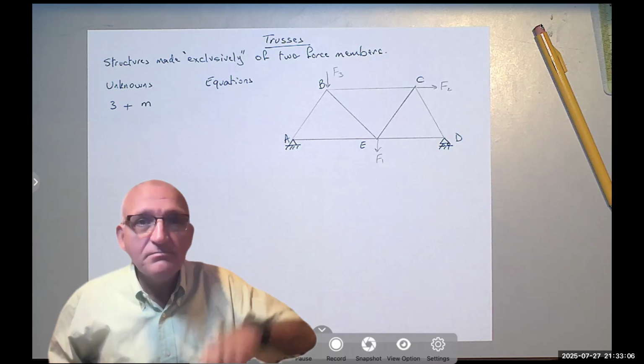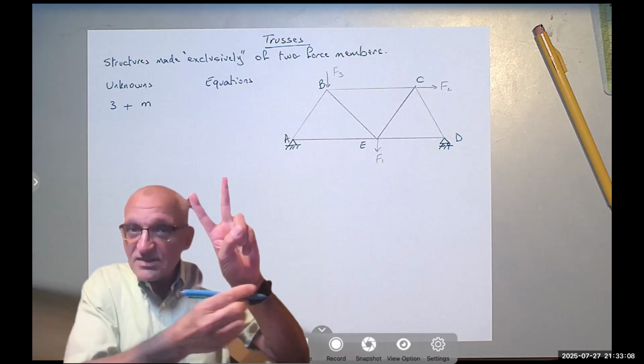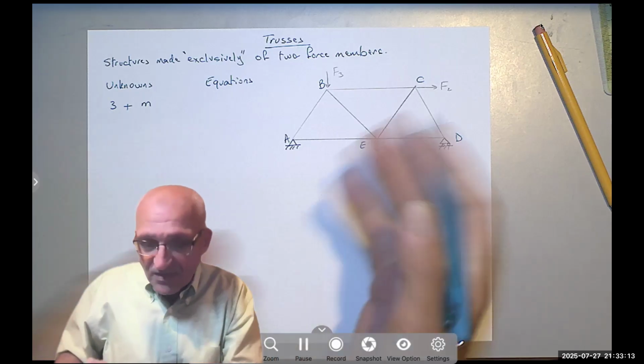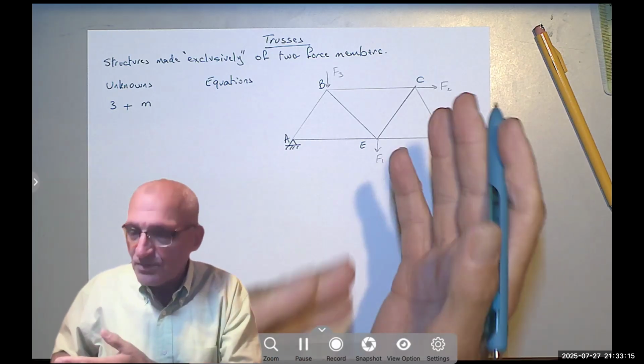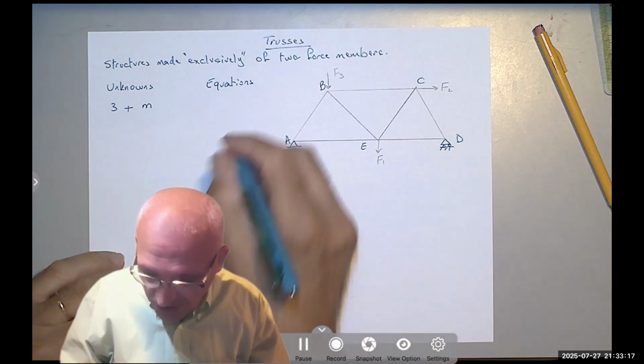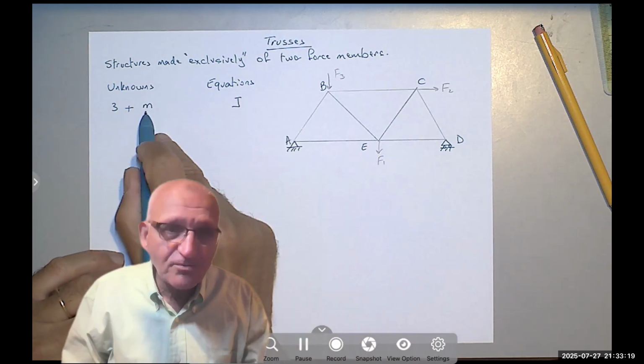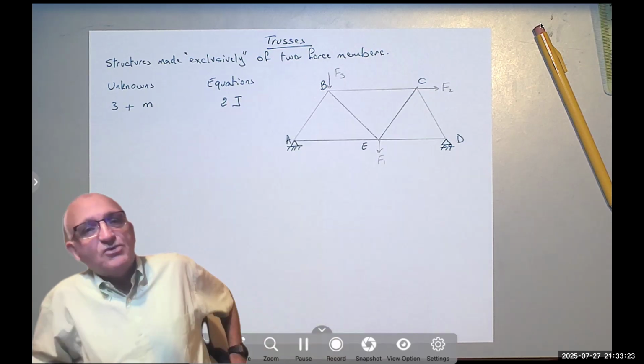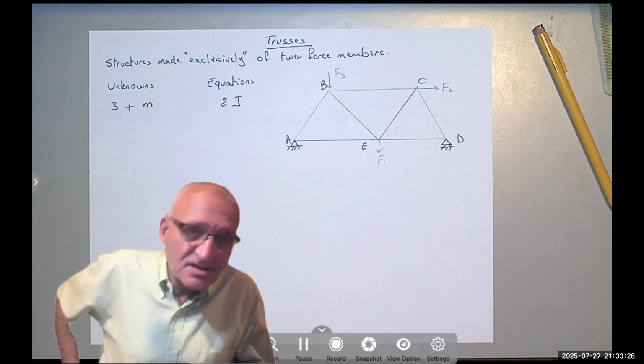Each one of them: sum of the forces in the x equals 0, sum of the forces in the y equals 0. So if m is the number of members and j the number of joints, I have 2j equations, sum of the forces in the x and sum of the forces in the y.